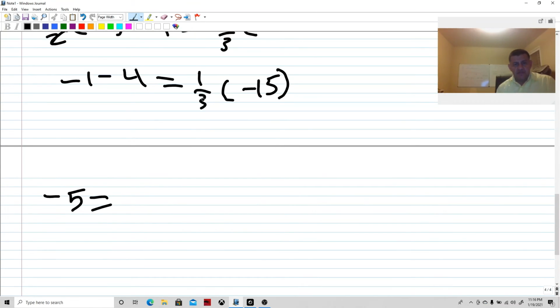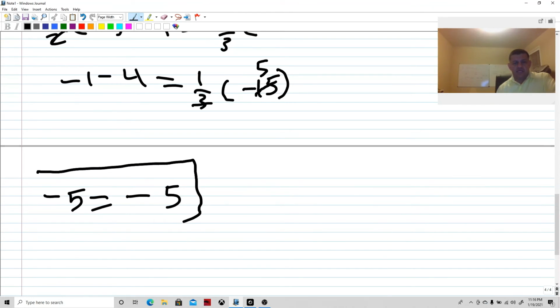And then this 3 cancels out with that 5 times, which is equal to 5. So the bottom line is that this equation is indeed correct.